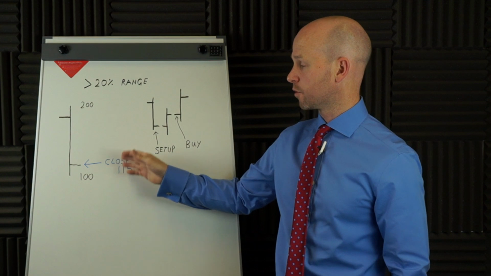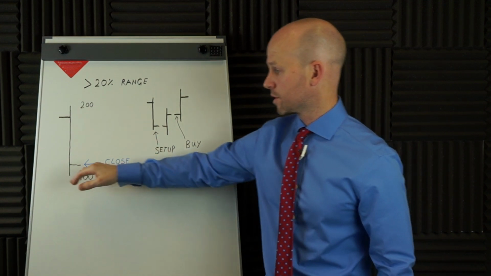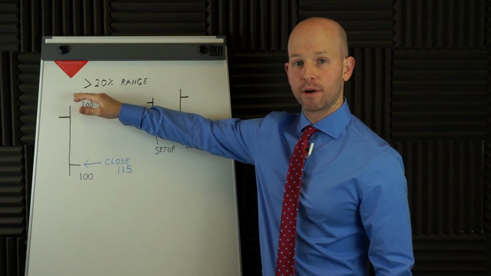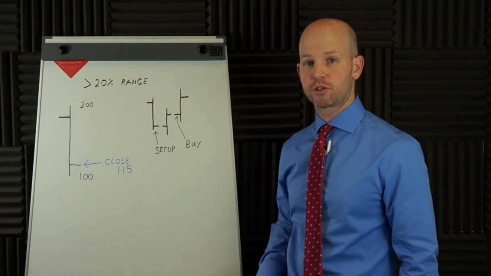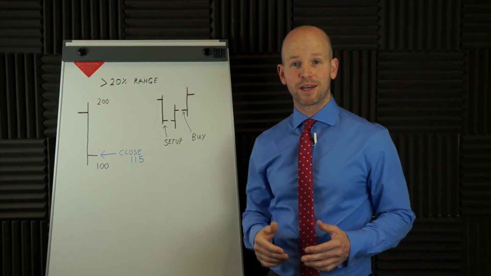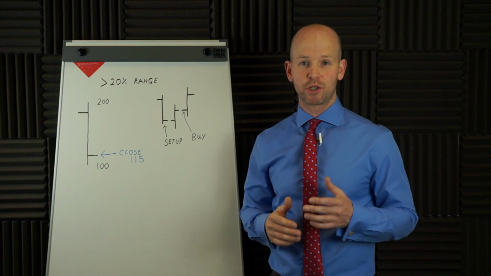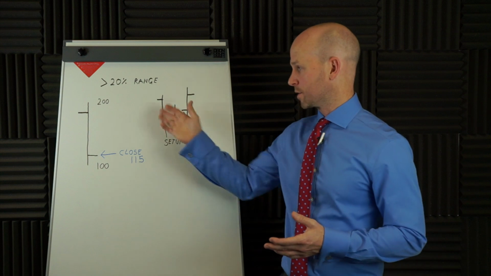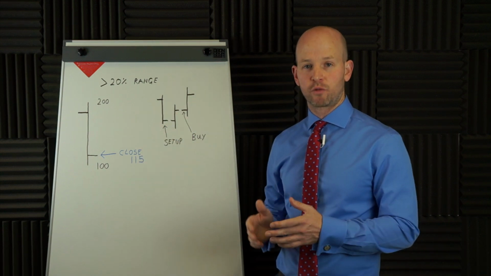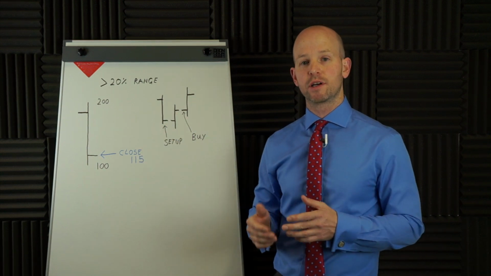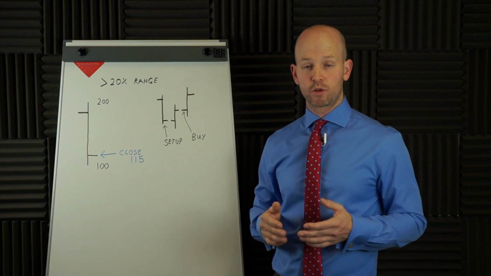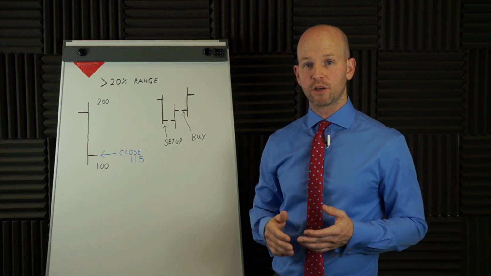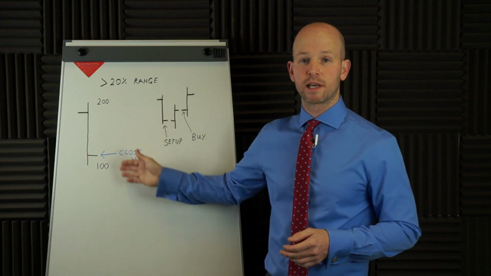If we're going to use it for a short sell setup, we want to see this close in the upper 20% of that range. Okay, now it's easy for me to say because I use multi-charts, which is a trading and testing platform. So once these rules are programmed, then the software will just scan the markets and take the trades as they come along. If you're not using software and if you're trading manually, then you are going to have to work this out manually.